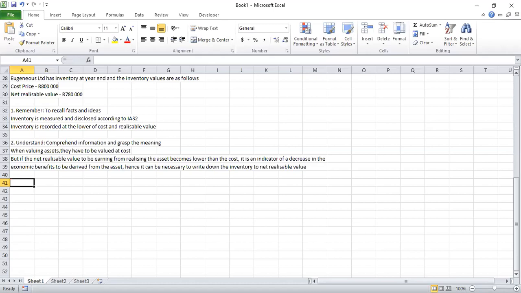Then number 3, you apply. You know the theory and you understand it. Now you have to apply it to the financial statements of Eugenius Limited. We use the information, theories, concepts, and skills to solve problems.